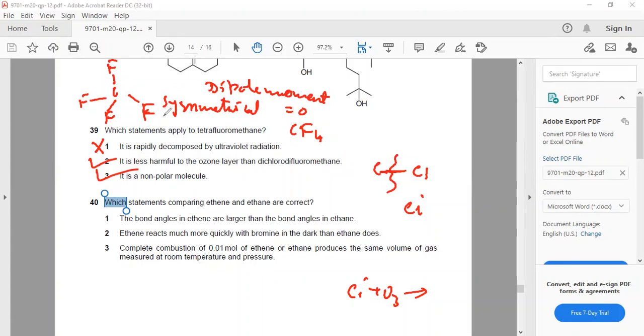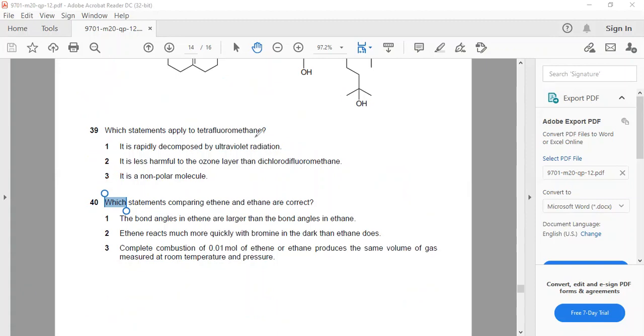It's a big detail. Trigonal planar symmetrical, tetrahedral symmetrical, linear. Okay. Even SF6 is also symmetrical.